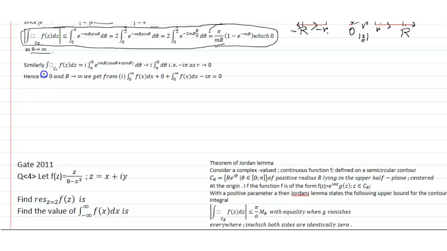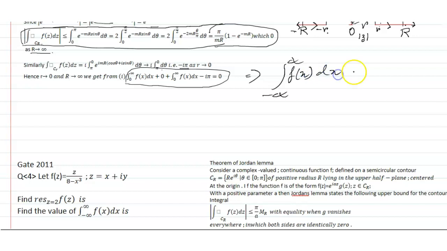And similarly, the integral over C_r of f(z) dz, with d theta, has value minus i pi. So the integral from 0 to infinity of f(x) dx is equal to 0 plus the integral from 0 to infinity of f(x) dx. So the integral from minus infinity to infinity of f(x) dx is equal to i pi.